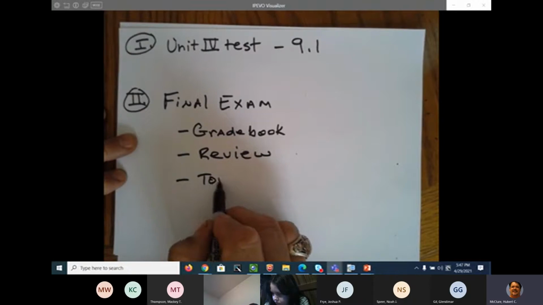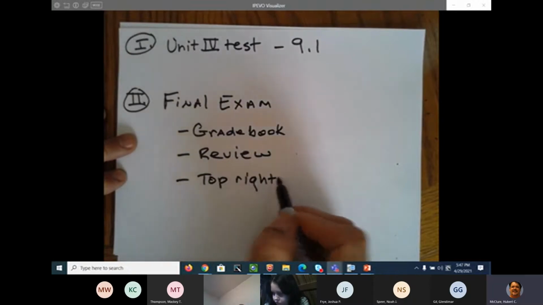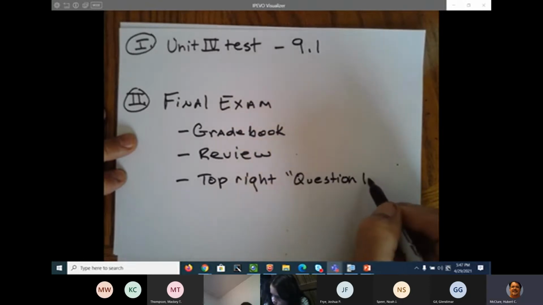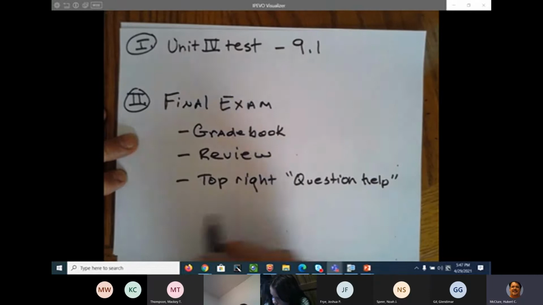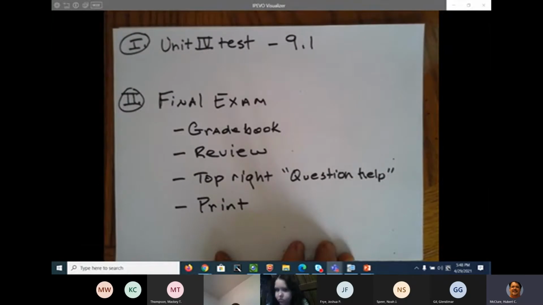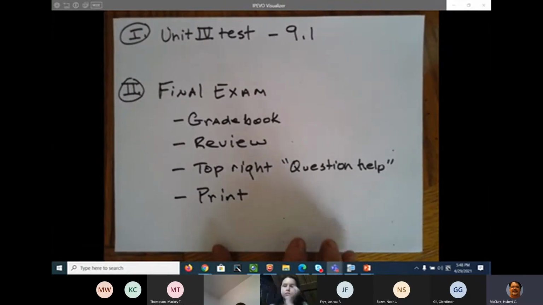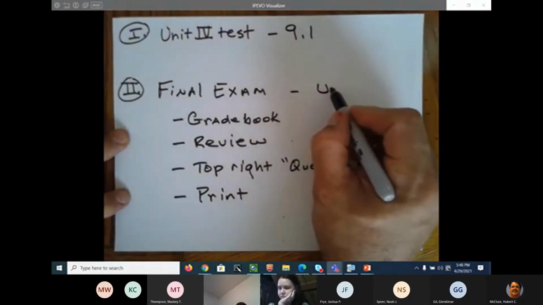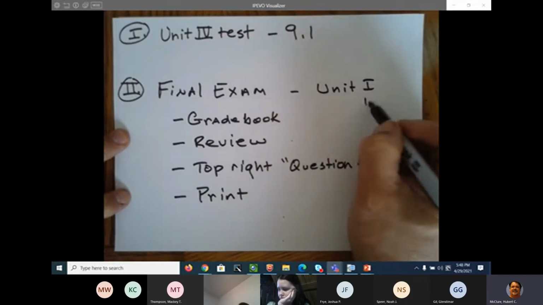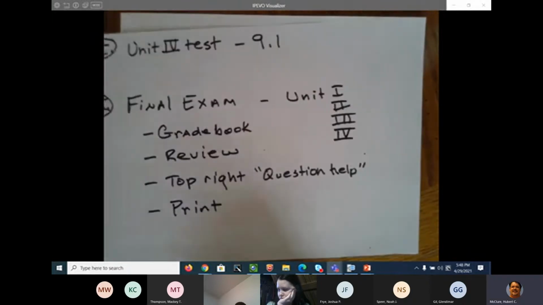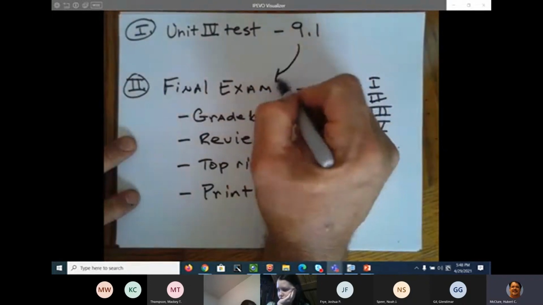Up in the top right corner where it says question help, you can hit print, and it will give you the option to print out just one question or the whole test. So everybody can review each of their Unit 1, Unit 2, Unit 3, or Unit 4 tests. And the final exam will include 9.1 also.